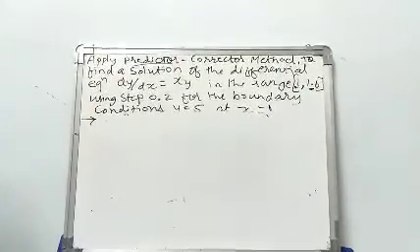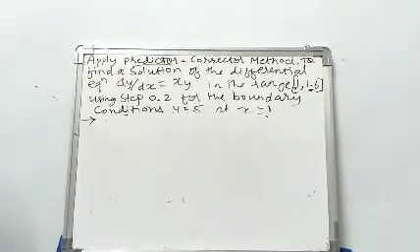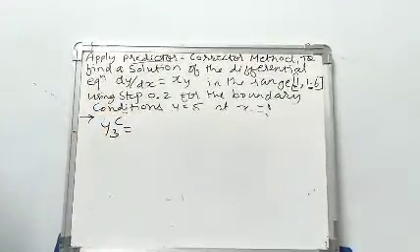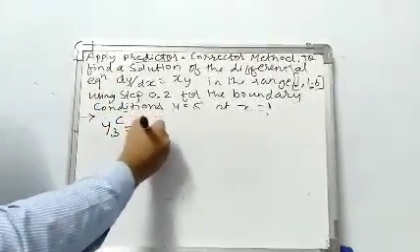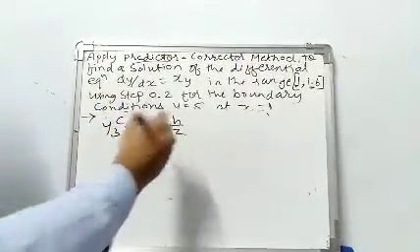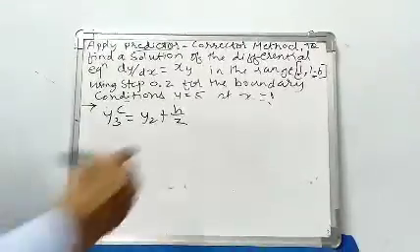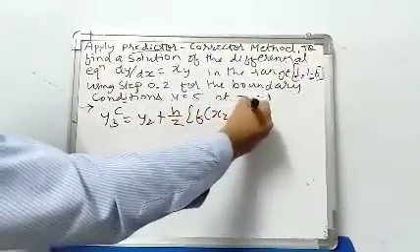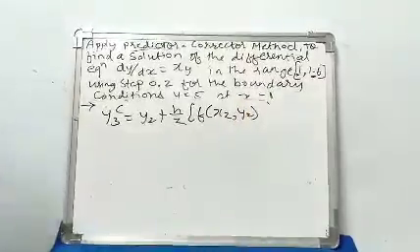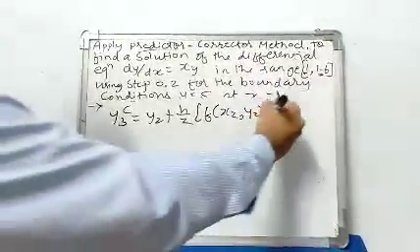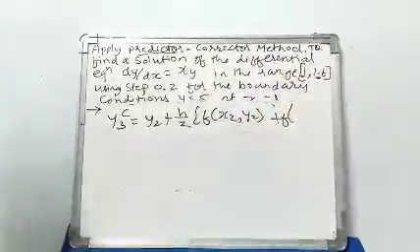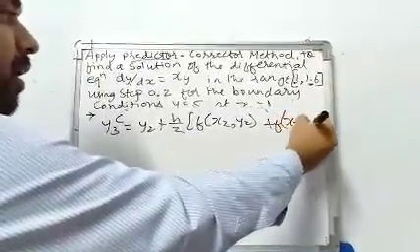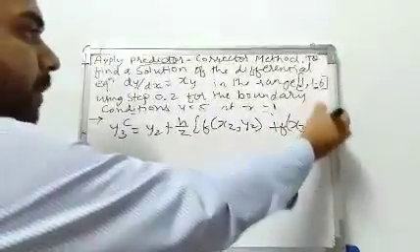So y3c is equal to y2 plus h by 2 times f of x2 comma y2 plus f of x3 comma y3p.